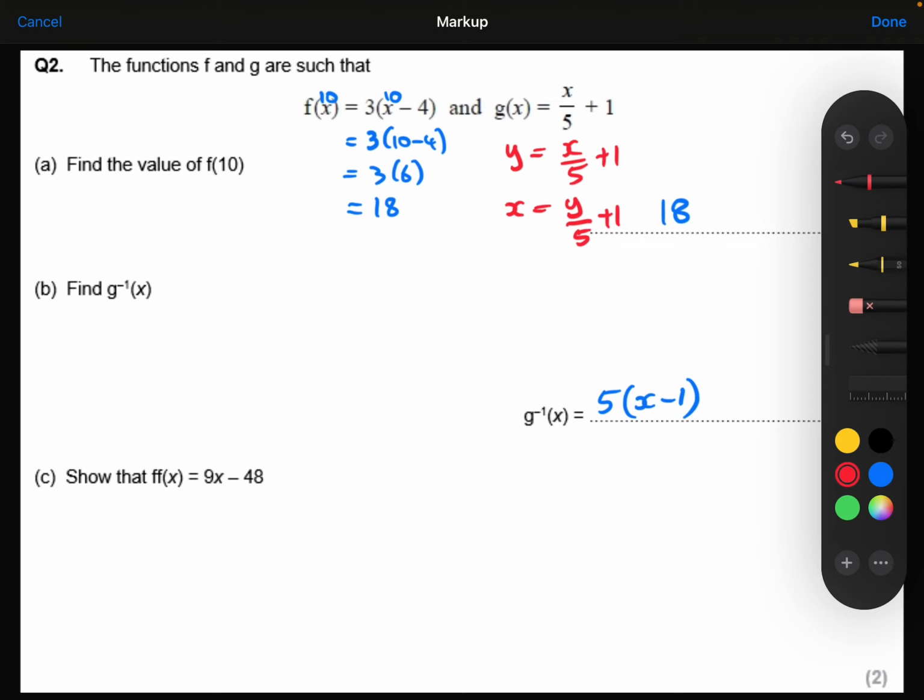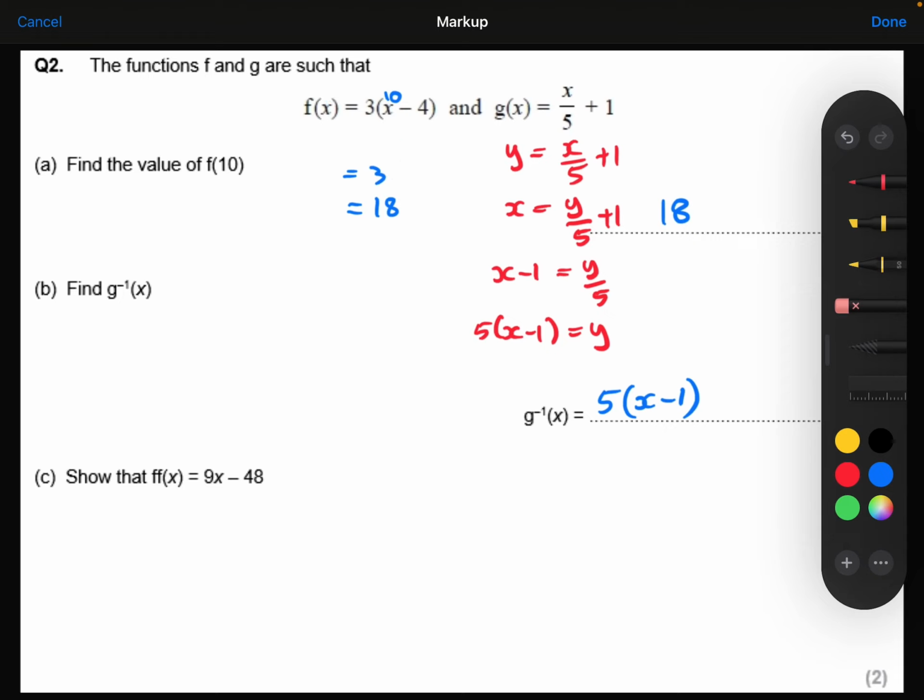So I'm going to subtract 1 from both sides, and then multiply both sides by 5. So either way round you do it, the inverse function is 5 lots of x minus 1, or 5x minus 5 if you expand the brackets.